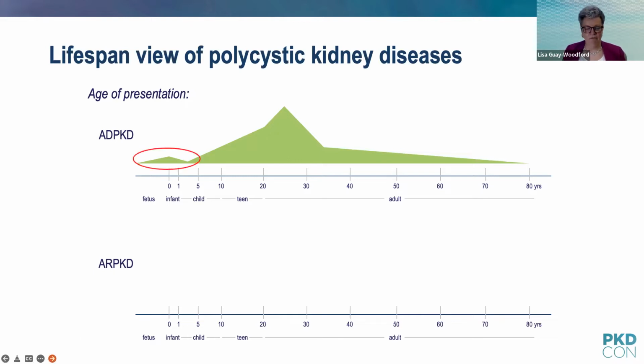Similarly, but in a reverse way, while ARPKD is largely a disorder that comes to medical attention in the first few years of life, there is a smaller but clinically significant subset of adolescents and young adults that come to medical attention for the first time later in their life course.